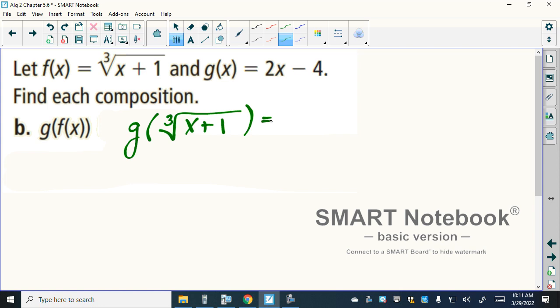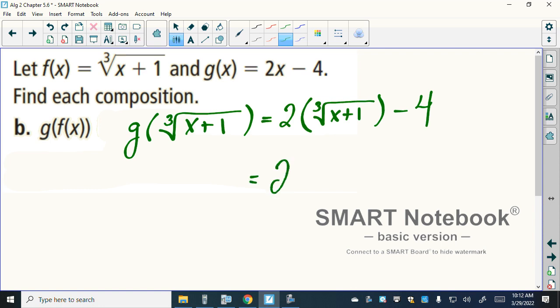So I'd have 2 parentheses, cubed root of x plus 1, close parentheses, minus 4. Okay, so we have 2 times our cubed root, which would be what?